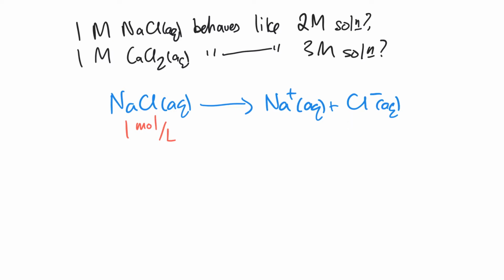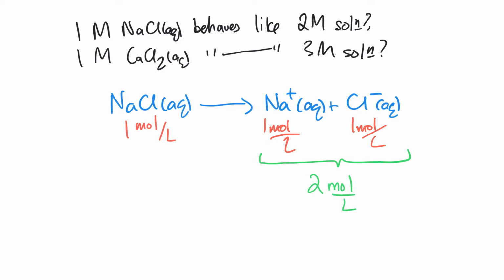So that tells us that for every 1 sodium chloride, we will have 1 sodium and we'll have 1 chloride. And again, it'll be in a liter. And so what we need to do now is remember that the colligative properties are proportional to the total concentration. And the total concentration of 1 molar sodium chloride is actually 2 moles per liter. Right? So this is the total concentration.